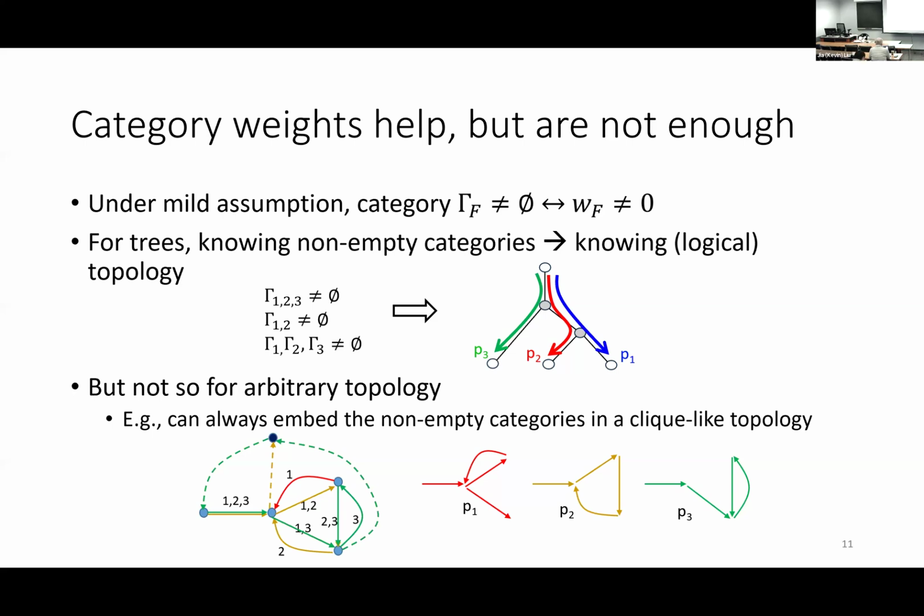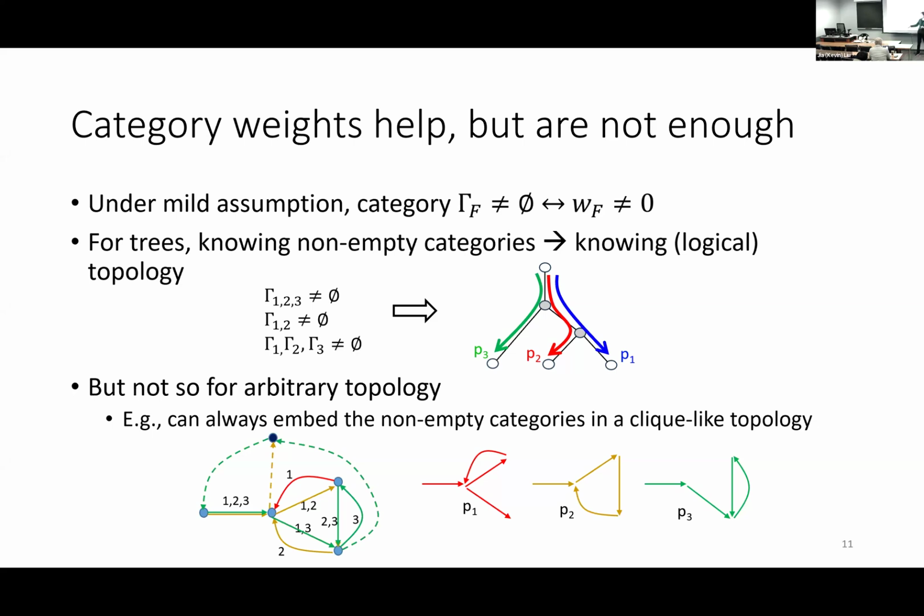But the same cannot be said once you get rid of the tree assumption and you are dealing with an arbitrary routing topology. As a counter example, actually we have an algorithm which always works. You give me any subset of the categories detected as being non-empty, I can always algorithmically construct a dense clique-looking topology that represents exactly that subset of non-empty categories, sort of like a clique embedding algorithm.